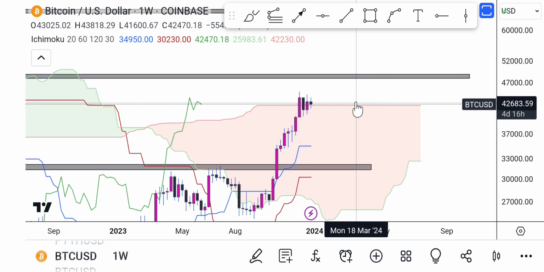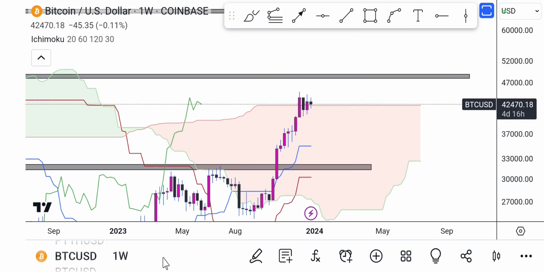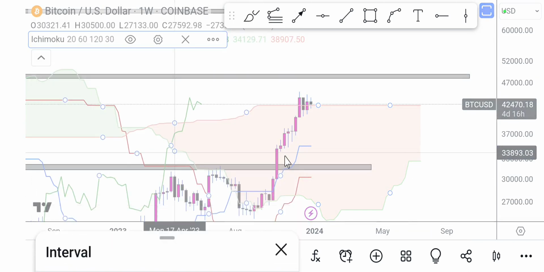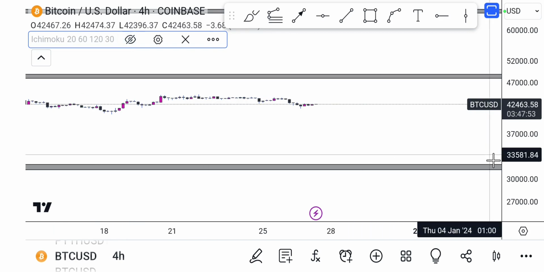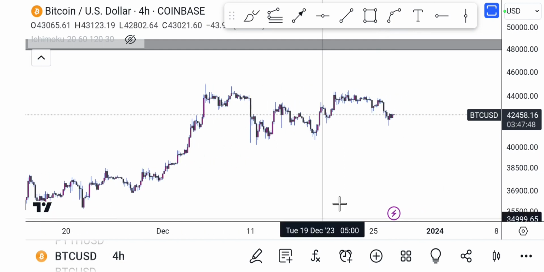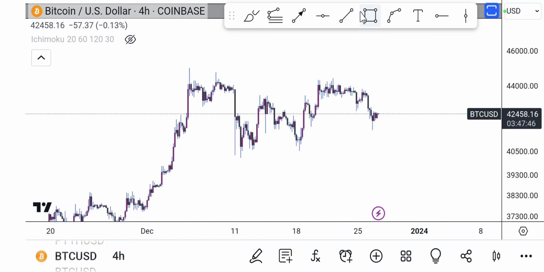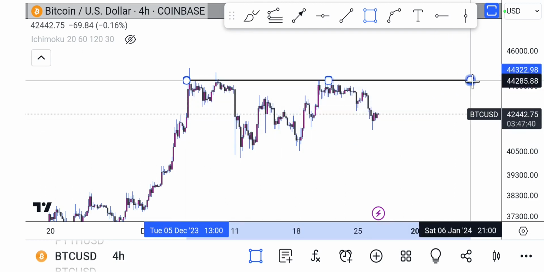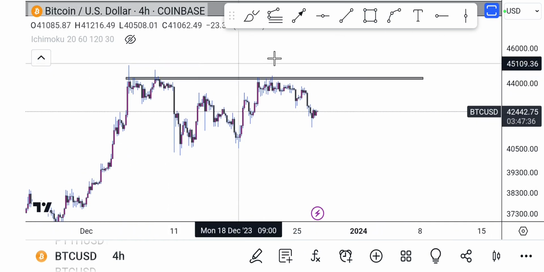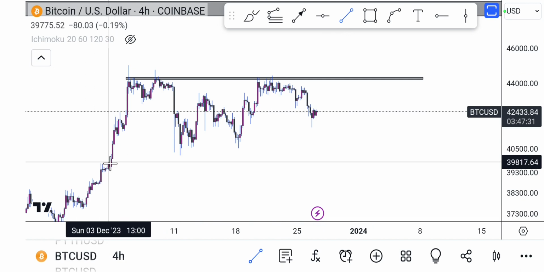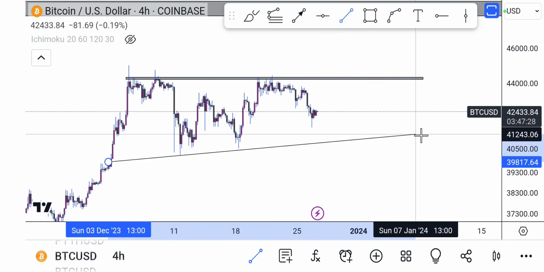Why I said we have a mixed signal here is because if we look at the 4 hours time frame, let me remove the Ichimoku first. I pointed this out on my signal channel, this ascending triangle chart pattern here, which is still forming, not yet a valid chart pattern.